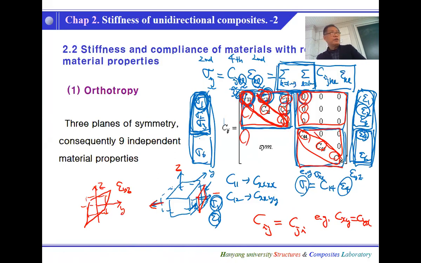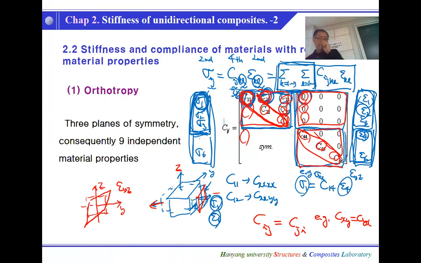For any material, the stiffness matrix should be symmetric. The physical reason is that there is a thermodynamic requirement, the rules a material property has to obey.